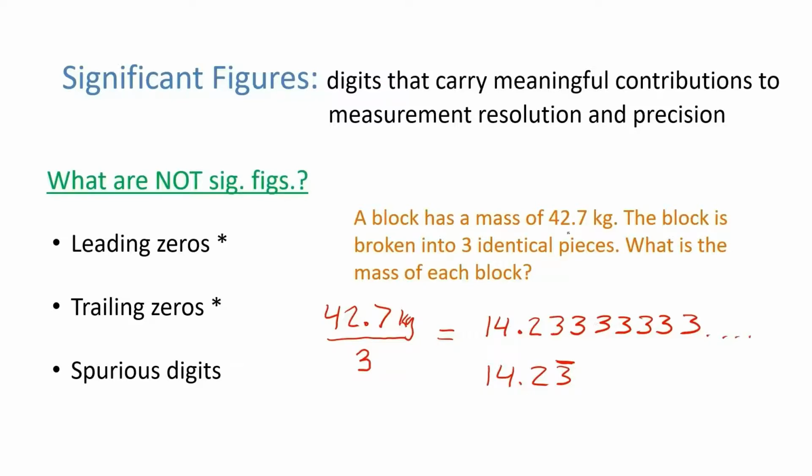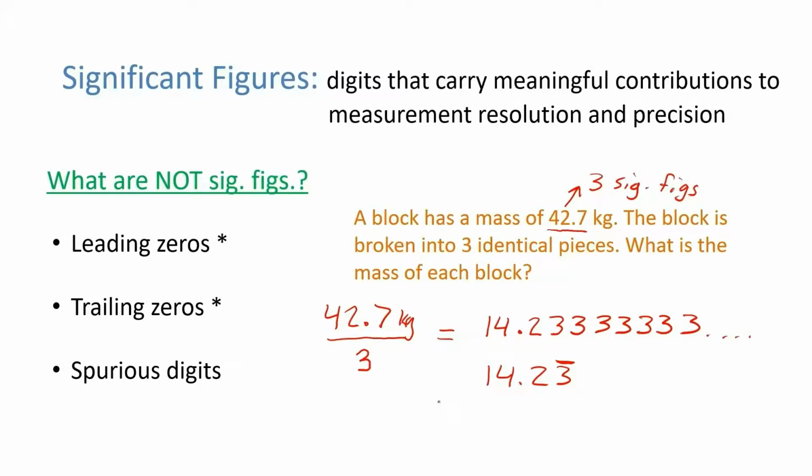So there's some rules for determining significant figures when doing math on the numbers. The rule in this case would say that because I did division, I need to track the original number of significant figures, which was 3 sig figs.